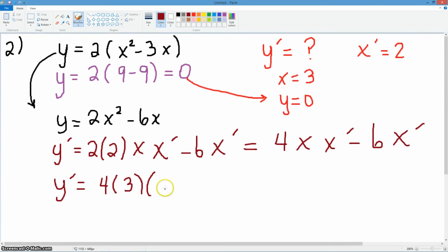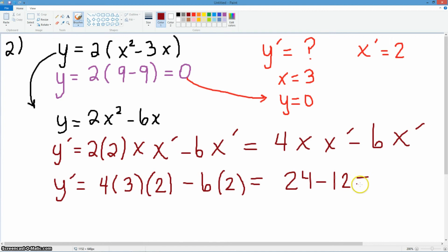Scroll up here and x prime is 2. Minus 6 times x prime, which is 2. If I clean this up, I get 4 times 3 times 2, that gives me 24, minus 12. And that gives me y prime to be equal to 12. And that's our answer.